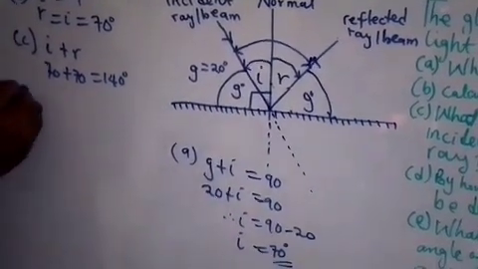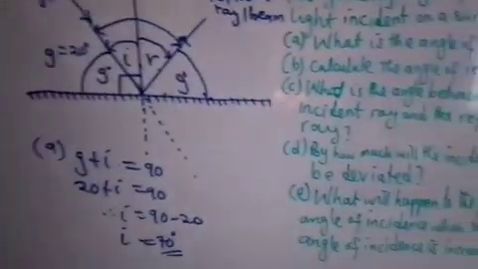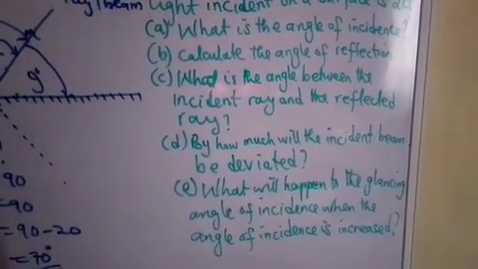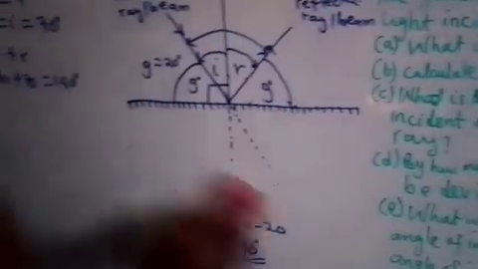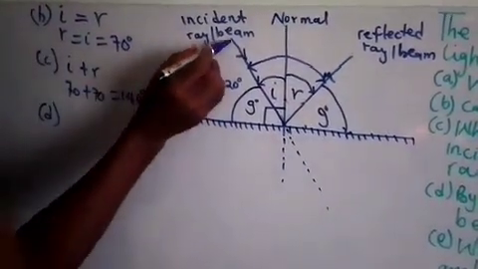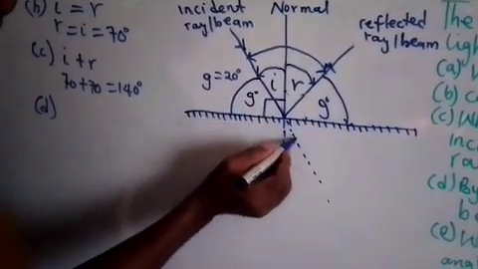Question D. This one may seem tricky, but it's one of the easiest, only if you understand where that is coming from. By how much will the incident beam be deviated? How do you understand this? Very simple. Look at this. Originally, look at the incident beam coming down. It's supposed to continue going this way, right?